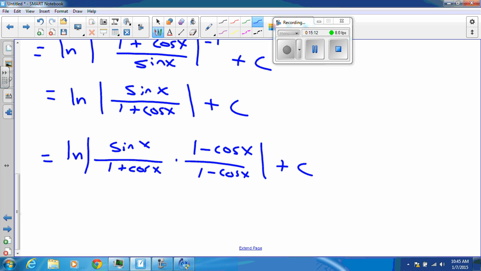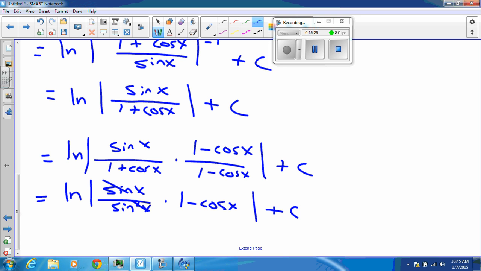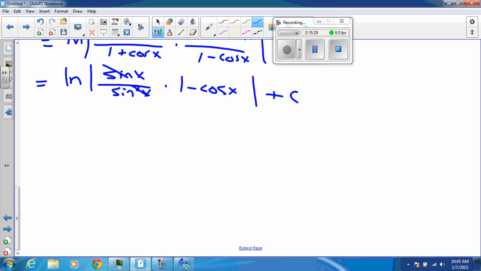And when I do, then in the bottom, I get 1 minus cosine squared, which is also sine squared x. These cancel, and I get 1 minus cosine x over sine x.